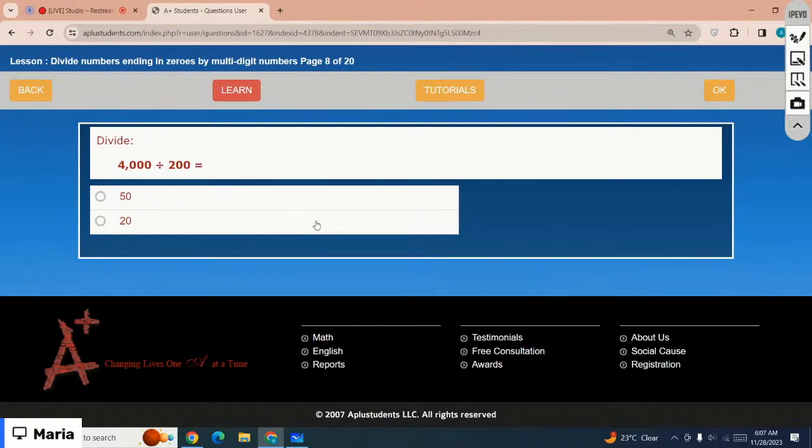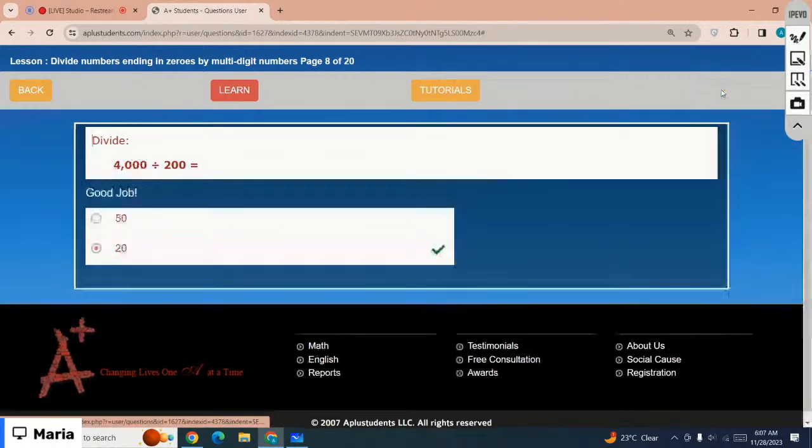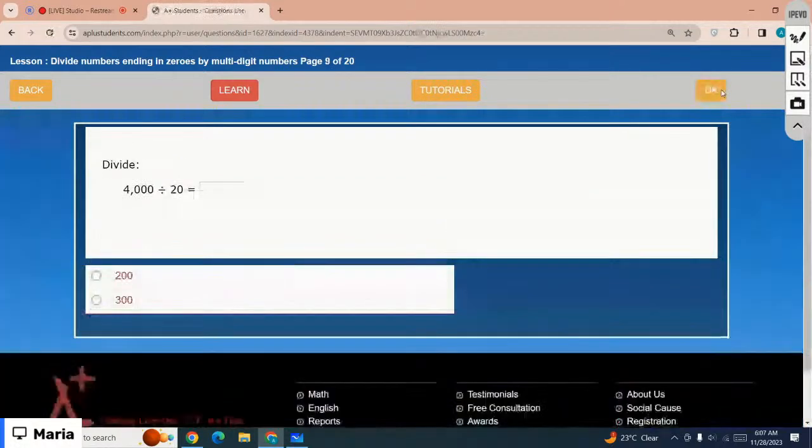The correct option is 20. 4,000 divided by 20. Yes, the correct option is 200, sorry, not 20.